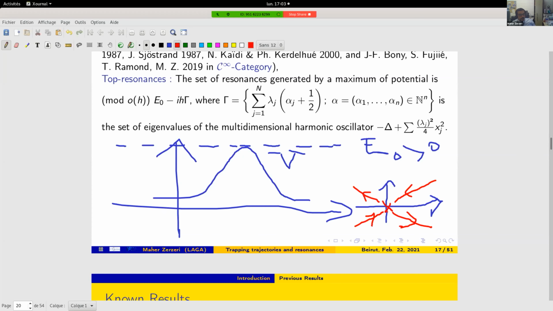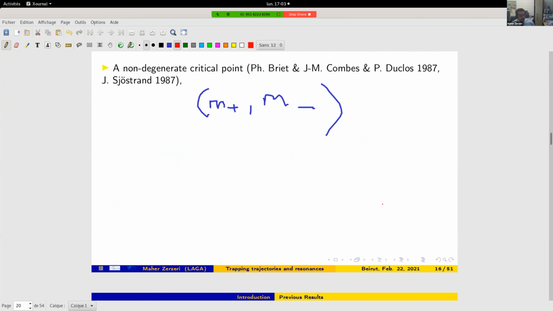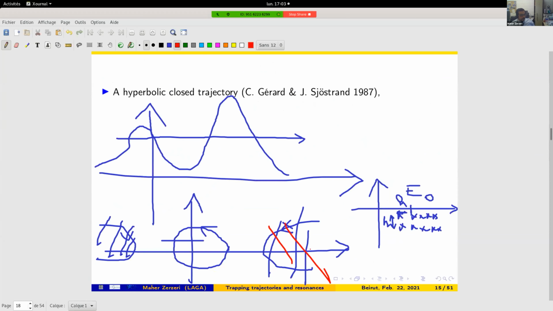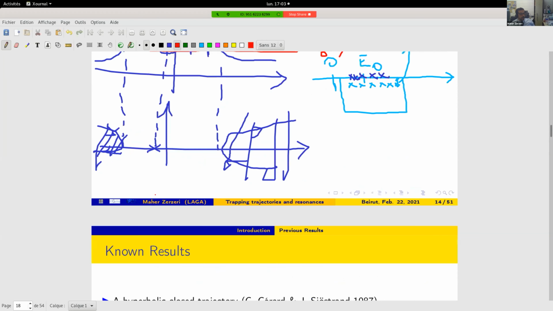And here is very difficult to separate the unbounded curve and the bounded one. Of course, here, if you remember, every time we go to some distortion and we separate, there is a big separation between the trapped trajectory and the unbounded trajectory, in all this situation. This is a very important thing.